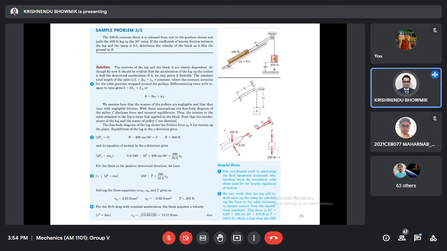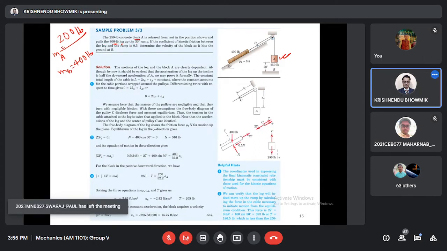There is a 200 pound block, the unit is pound, block A, mA. Block A is released from rest in the position shown and it is pulling a 400 pound log. So this is B, mB equal to 400 pound. It pulls the 400 pound log.